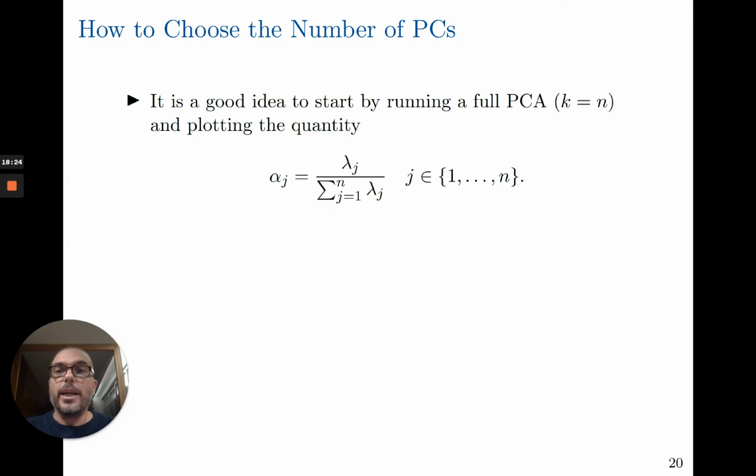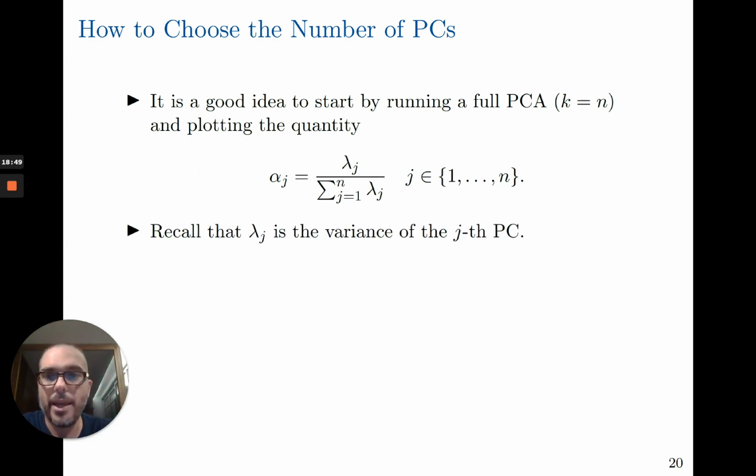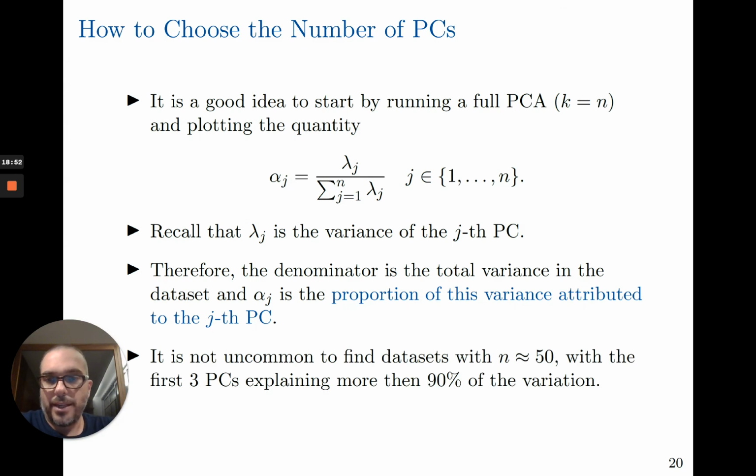Okay? So one idea is to start by running a full PCA, k equals n, and plotting this quantity alpha j. That's the relative contribution to the total variance from each component. So this is the ratio of lambda j, that's the variance of the jth component, divided by the sum of lambdas, that's the total variance. Usually we can find data sets with around 50 variables where the first 3 principal components, let's say, can explain more than 90% of the variation.